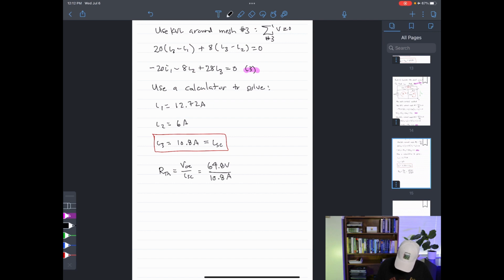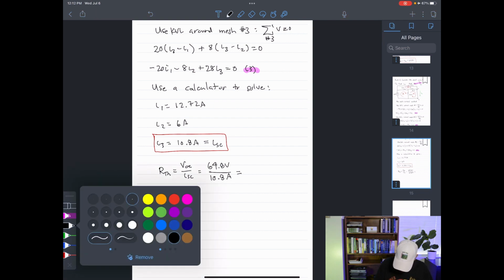This was the last piece of our puzzle here. That means that all the way up here, the Thevenin resistance that we were looking for is this. This is 6 ohms. So let's actually just clean this up very, very quickly.